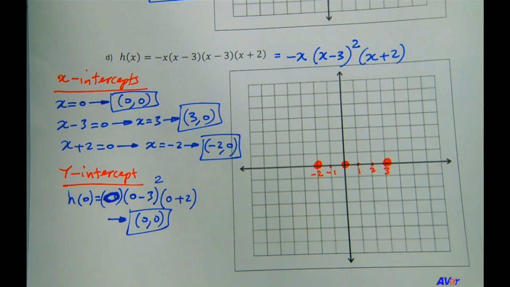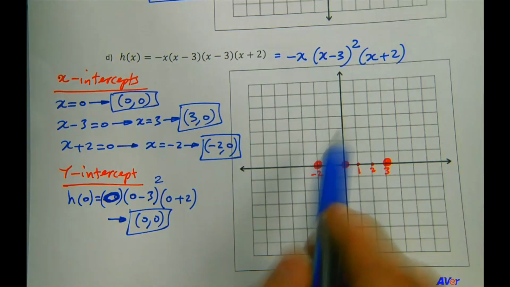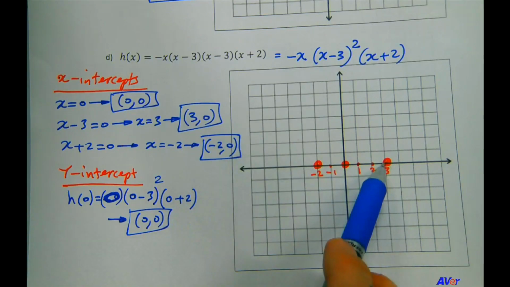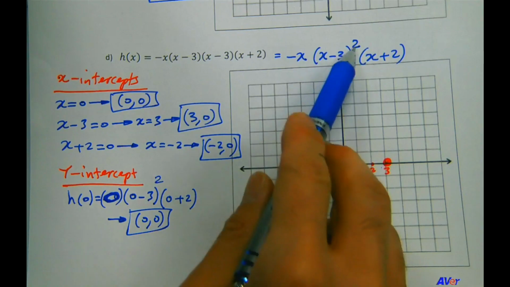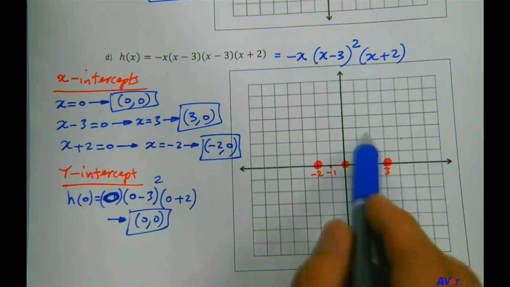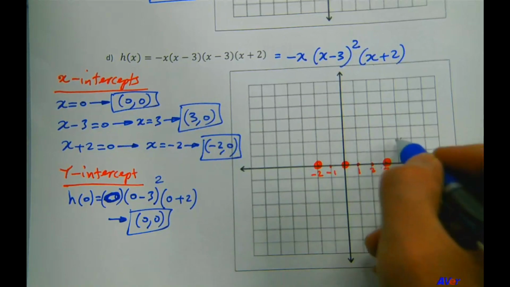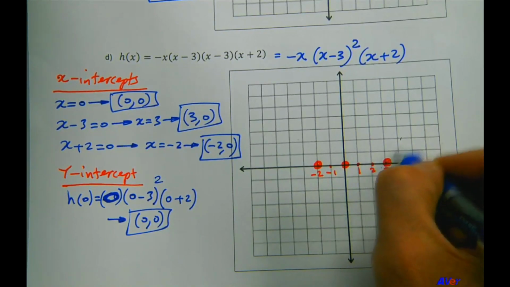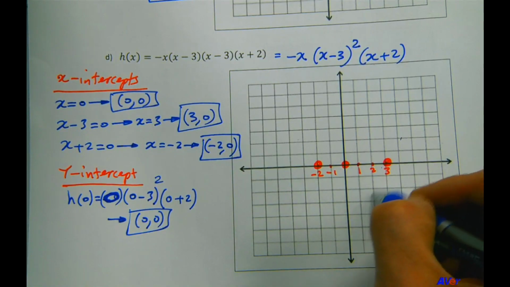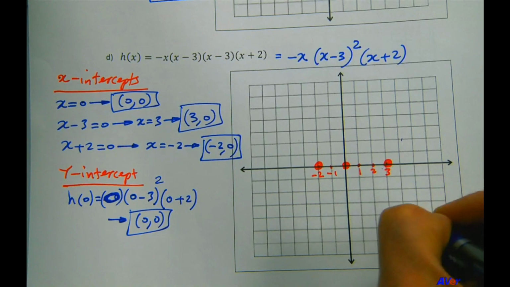Okay, so now, once again, we know that at (3, 0), because multiplicity is even, the graph is going to bounce back to the same side. If the line is approaching from below, it's going to bounce back to the same side.